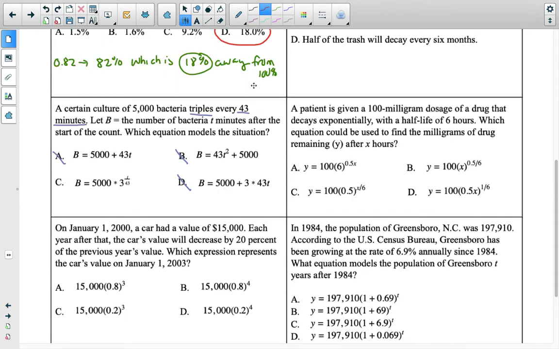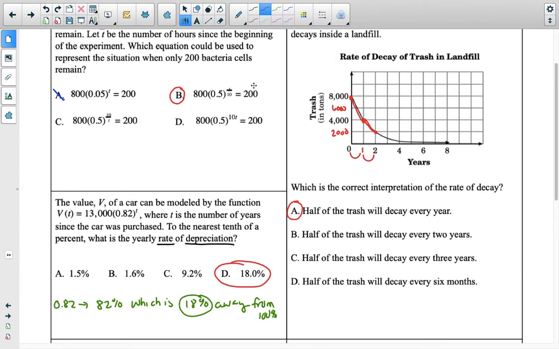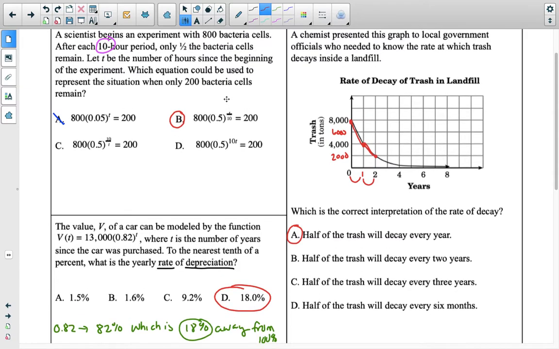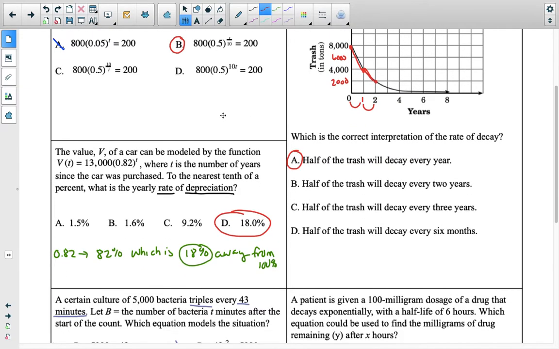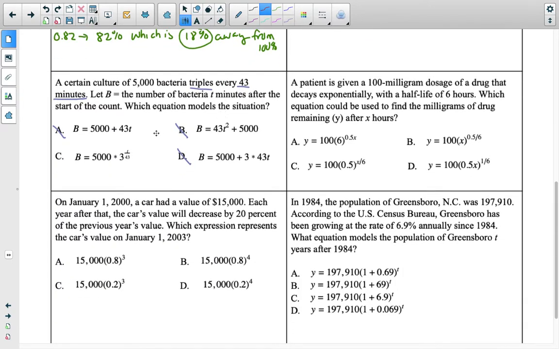Just like on our first problem, we want to know how many times the 10-hour period happens inside of any amount of hours, so we divide. We want to know how many times 43 minutes happen in any amount of minutes, so we divide however many we have by 43. And again, we can eliminate answer choices because they're not even exponential, because we're tripling it.